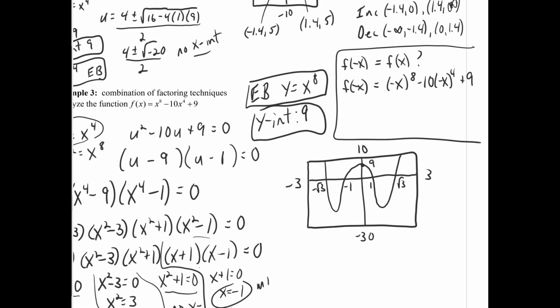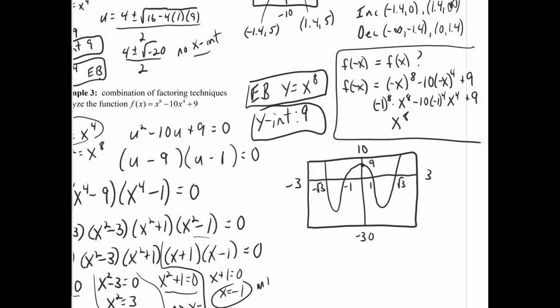And when we simplify that, you do this in your head once you've practiced it, but just to clarify here, this would be the same thing as negative 1 to the 8th times x to the 8th minus 10 times negative 1 to the 4th times x to the 4th plus 9. That's one way of thinking of it, because this is why the negative 1 just goes away. When you multiply negative 1 by itself an even number of times, it's just 1. So you don't need to put negative anything.